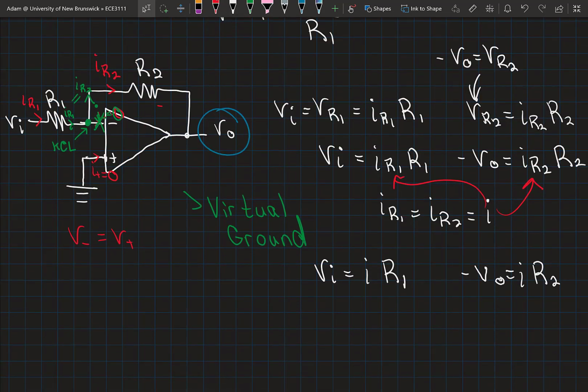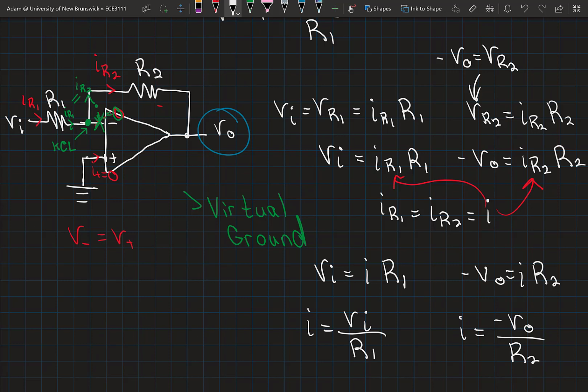Rearranging, I is equal to the input voltage divided by R1, or from the output perspective, I is equal to the negative of the output voltage divided by R2.